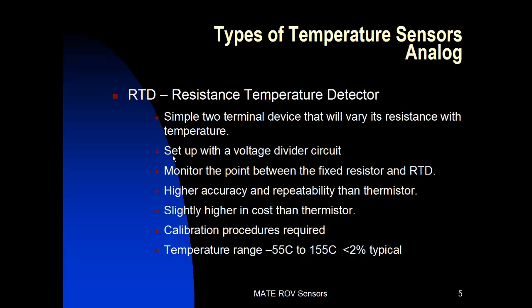A little difference between this and a thermistor: typically they have higher accuracy and repeatability than the thermistor, but it comes at a slightly higher cost. And you'll also need to do the calibration procedures. You get a little bit wider temperature range, from -55 to 155, and a better than 2% error is typical with these.